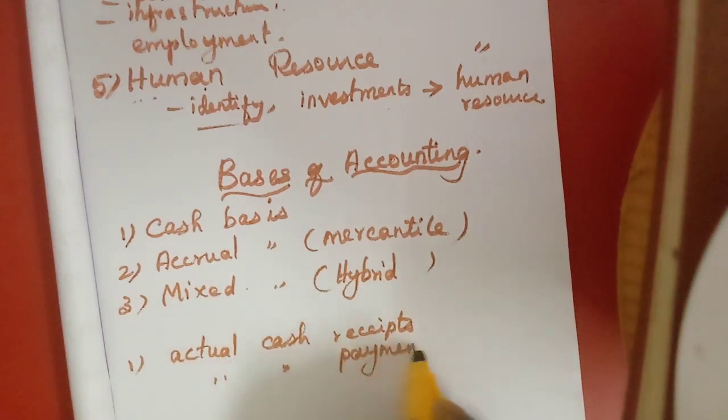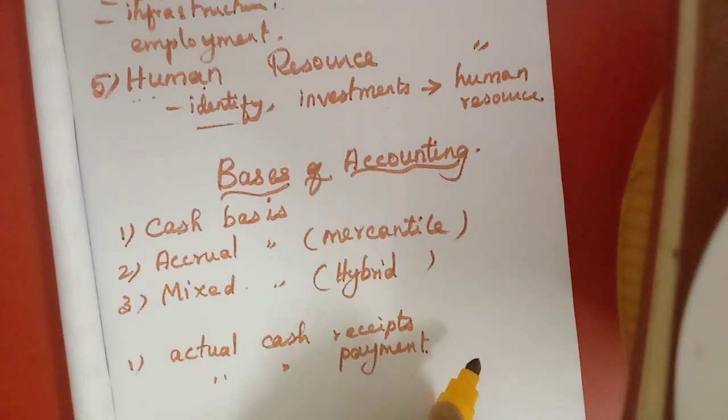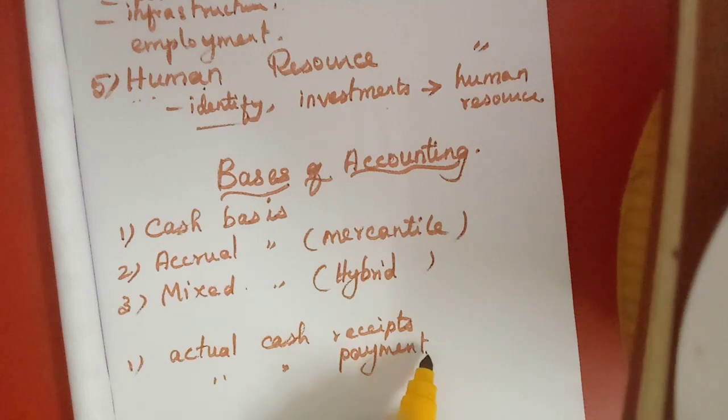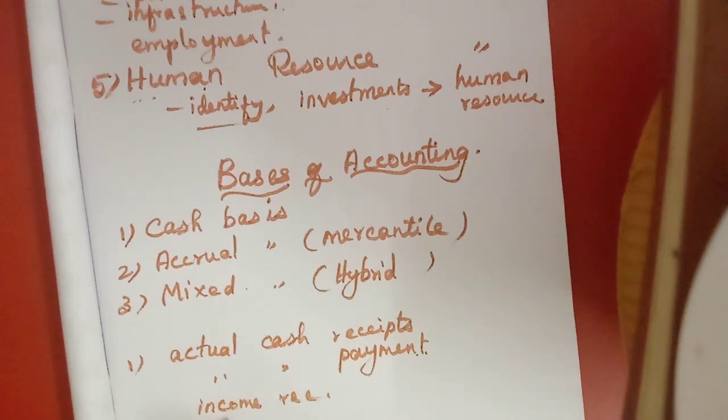If it is an expense, whether it is last year's or next year's, they do not worry, but only if that payment has occurred will they enter it. If this year we need to receive 10,000 as rent but have not received anything, we will not enter anything regarding that income in that year. So income that is received, expenses that are paid, any asset purchased, and any liability paid, only this much they will enter.